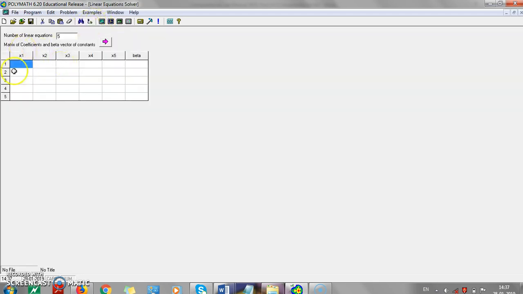The moment you click it, the spreadsheet-like tool will appear and we have to enter the data. Say, for example, there are three equations and three unknowns, and we hypothetically enter some data.